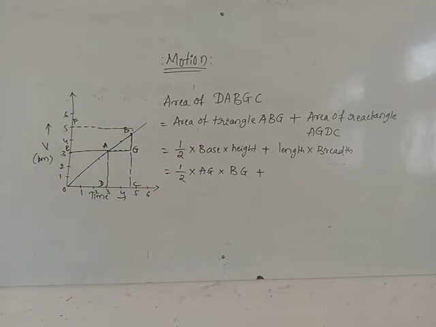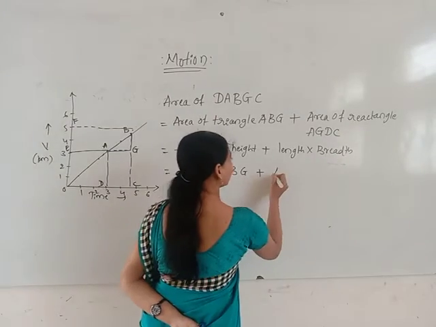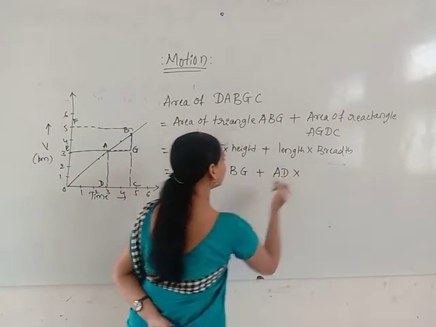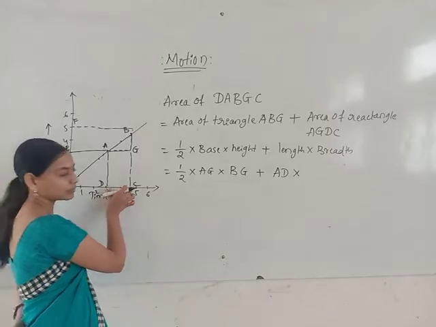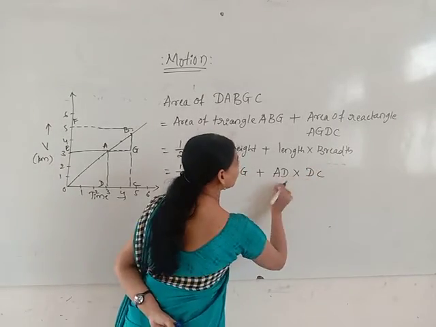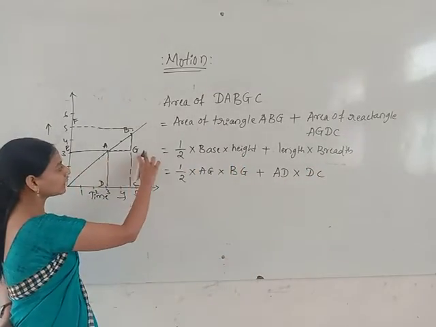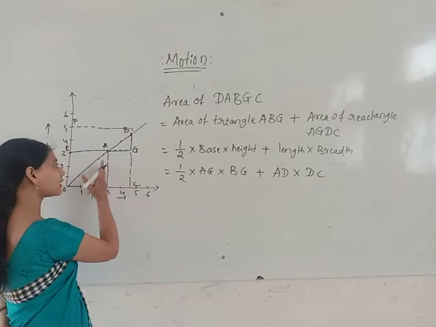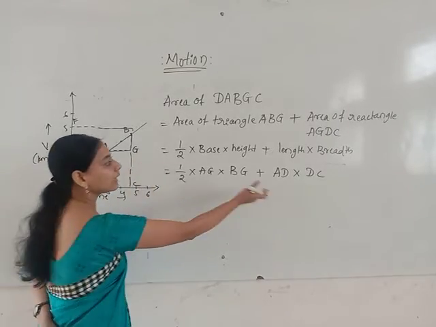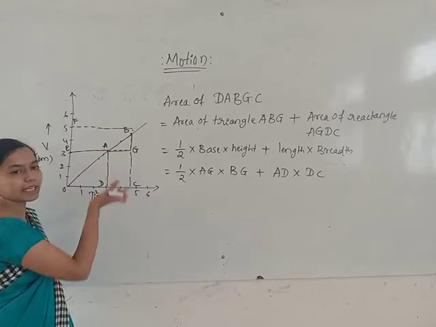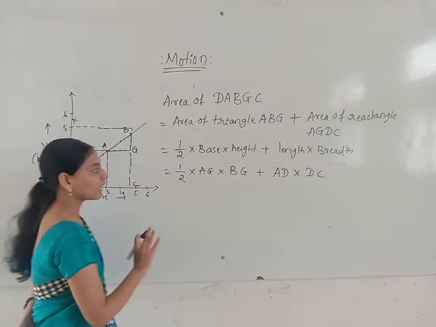What is the length? AD is the length into the breadth, that is BC. Here, AD we can write as GC also, because they are parallel lines, and DC we can write as AG also, these are also parallel lines.